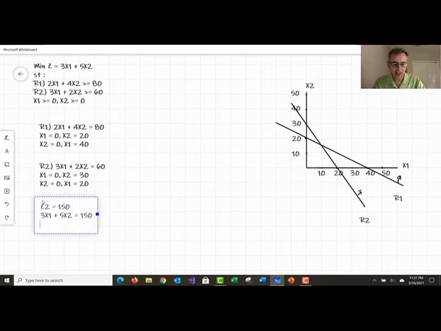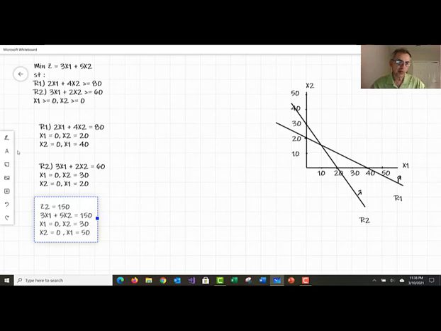And then I let the same thing, x1 equal to 0, which would give me x2 equal to 30. And if I let x2 equal to 0, that would give me x1 equal to 50.